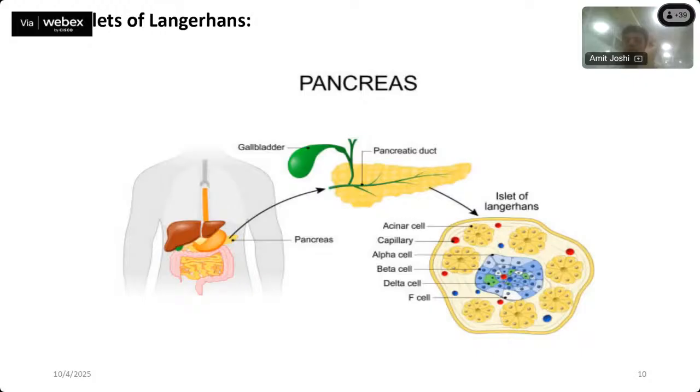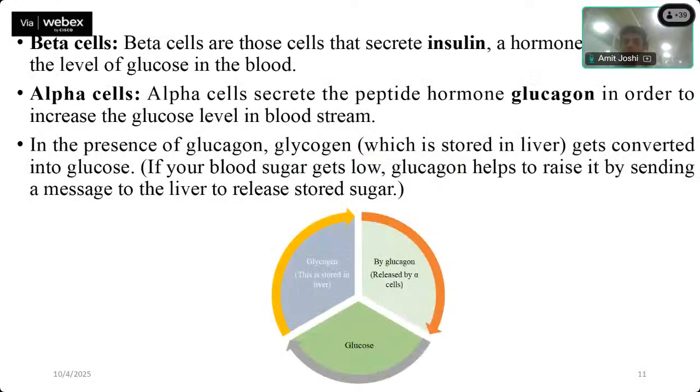That's why the alpha and beta cell roles are very important. So what is a beta cell? Beta cells are those cells that help us secrete insulin. Insulin is a hormone that controls the blood glucose level, as it helps neutralize the value. The alpha cell secretes glucagon in order to increase the glucose level.